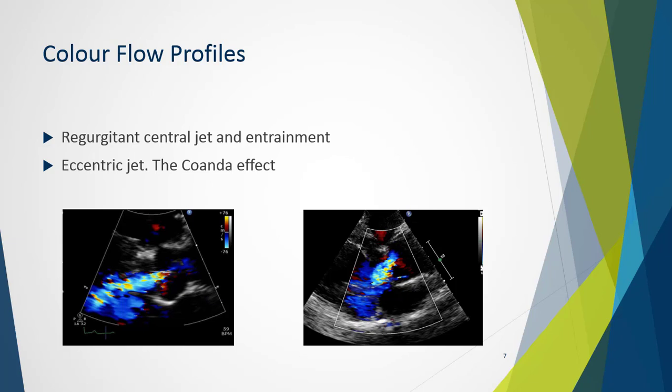Assessing regurgitation with colour Doppler is quickly and easily done. There are considerations, however, that one must understand when we make the flow appear more or less severe than what is actually present. With a centrally directed jet, a process called entrainment often occurs. Red blood cells not moving or associated with the aortic regurgitant jet are dragged into the flow.